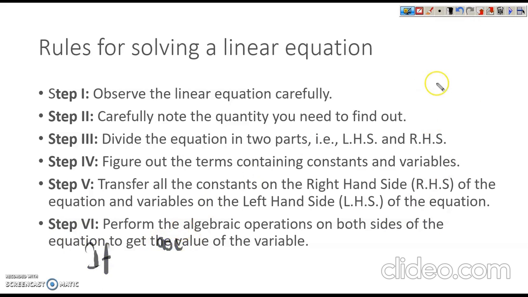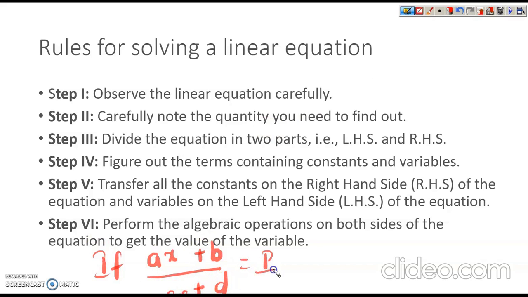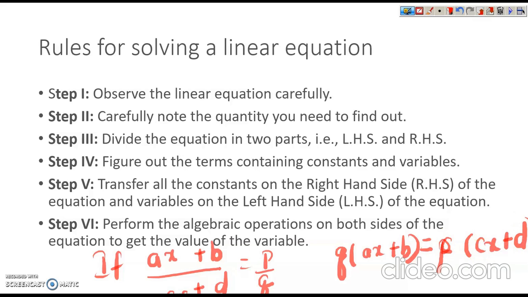If (ax plus b) divided by (cx plus d) is equal to p over q, then q times (ax plus b) is equal to p times (cx plus d).